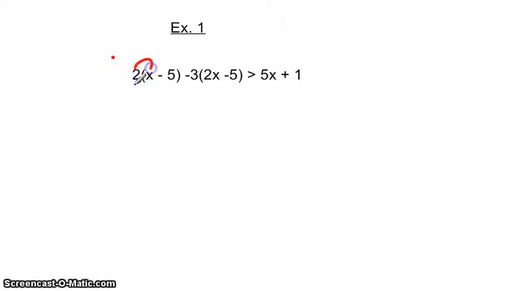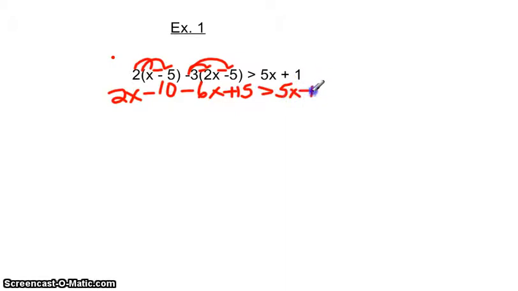Okay, I have 2x minus 10 minus 6x plus 15 is greater than 5x plus 1. And this is what you should have written on page 4 of your foldable.